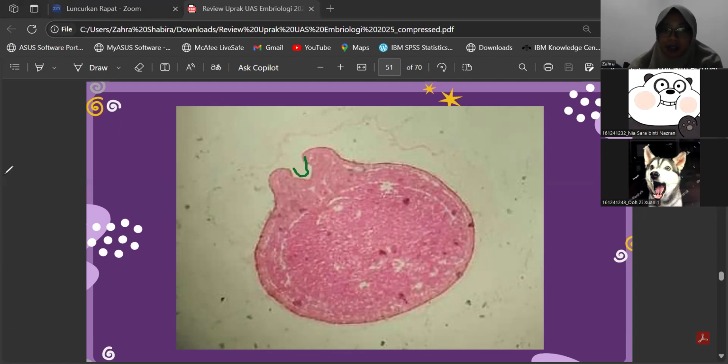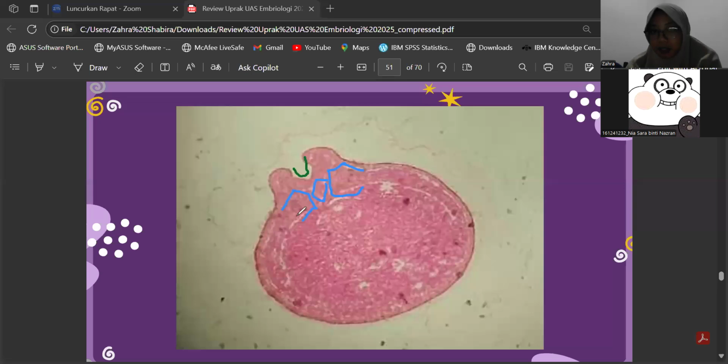And you can find the notochord over here. The notochord is in the middle, and on the left and right side, like rectangles, is the somite. We do not find an archenteron here, just endoderm.